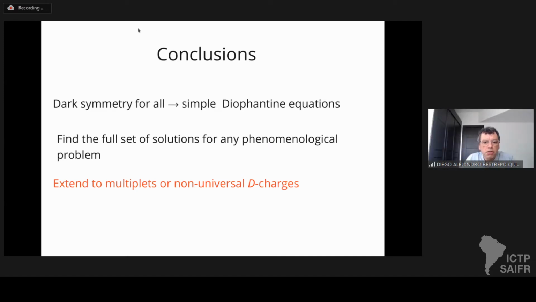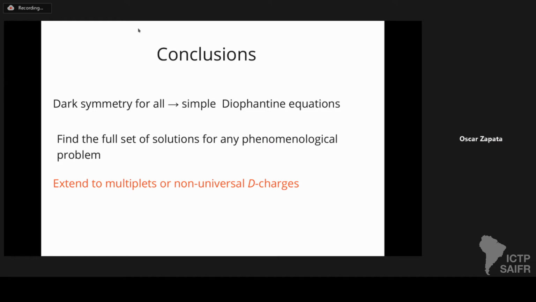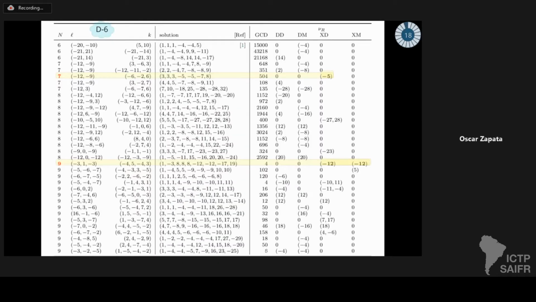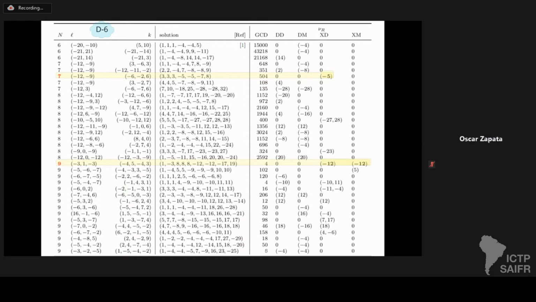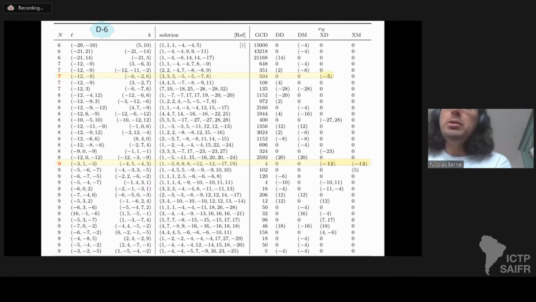Yes, I can hear you. Do you explore the possible residual symmetries after the U1 symmetry breaking in order to stabilize the dark particle? Yeah, Diego, you are muted. Sorry, I have a problem with my Zoom.